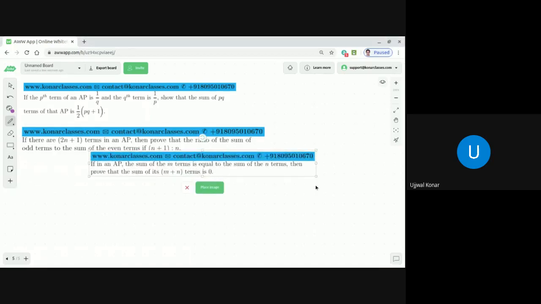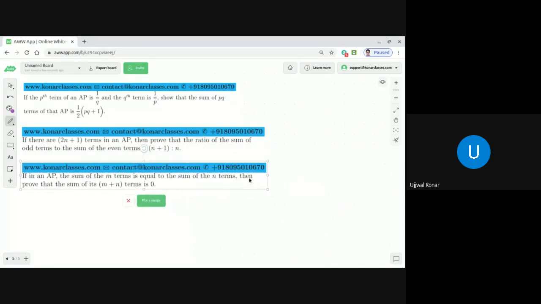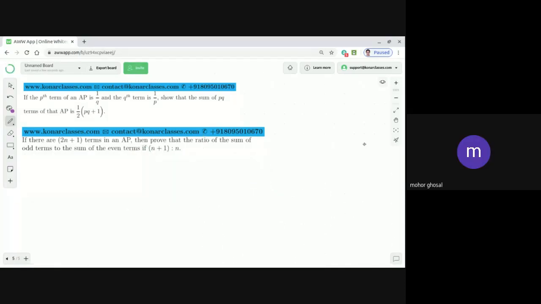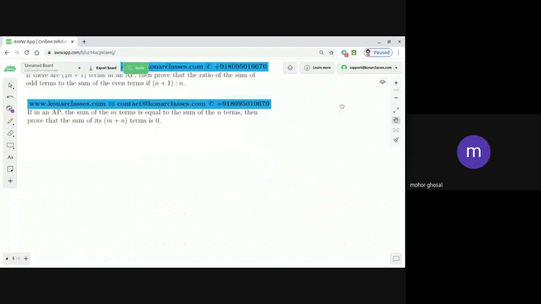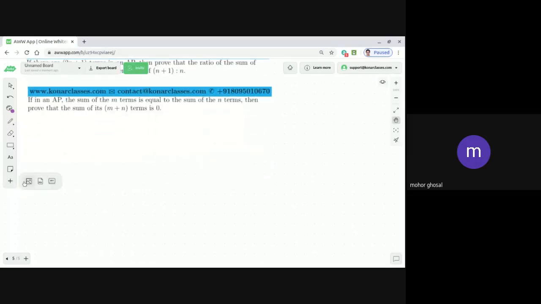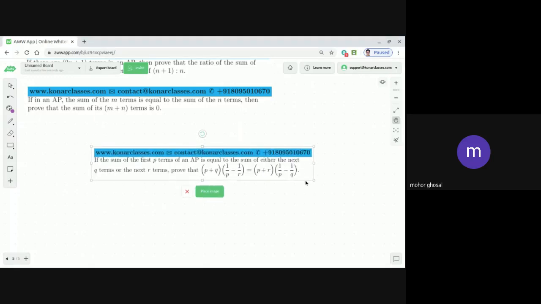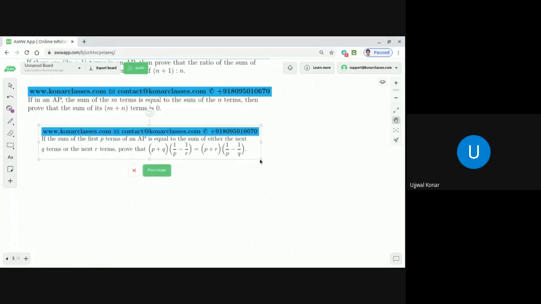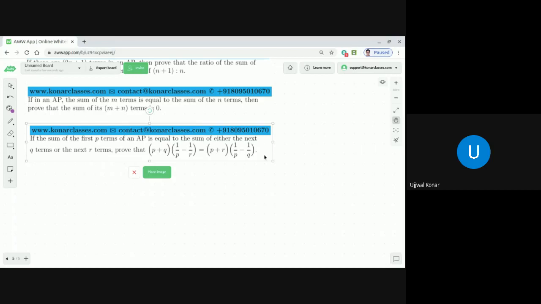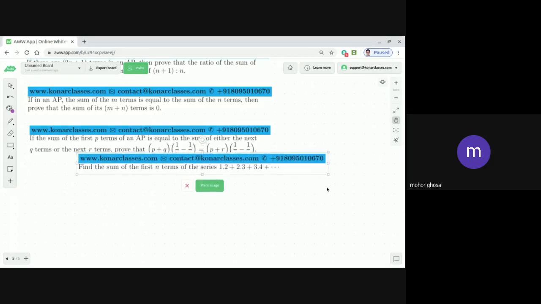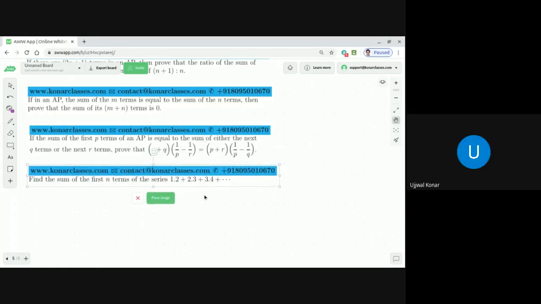This is the third question. This is the fourth question, dear students. This is the fifth question.